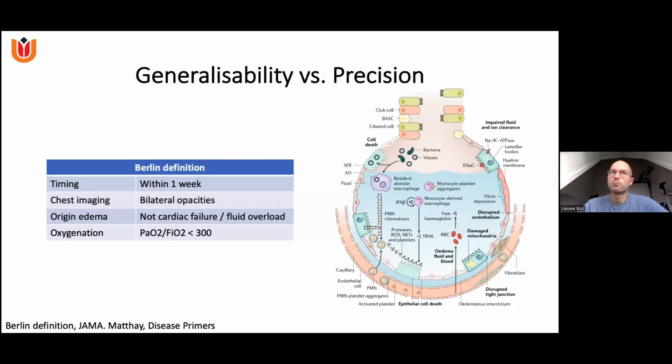It should be within 1 week of a known cause for ARDS, for example, sepsis or pneumonia. We look at the chest image to see if there are bilateral opacities consistent with pulmonary edema, and those should not be caused by cardiac failure or fluid overload, and there should be problems with oxygenation. So there is a huge gap between what we know about the biology of this syndrome and what we recognize in the clinic.